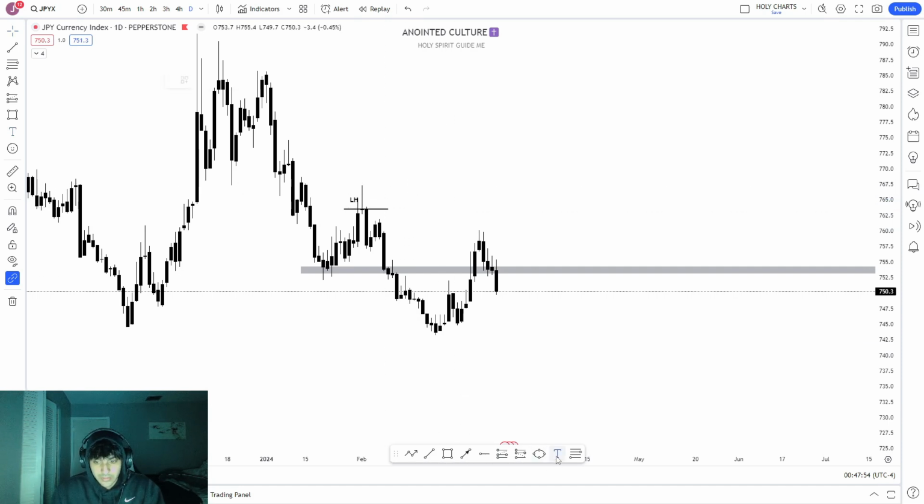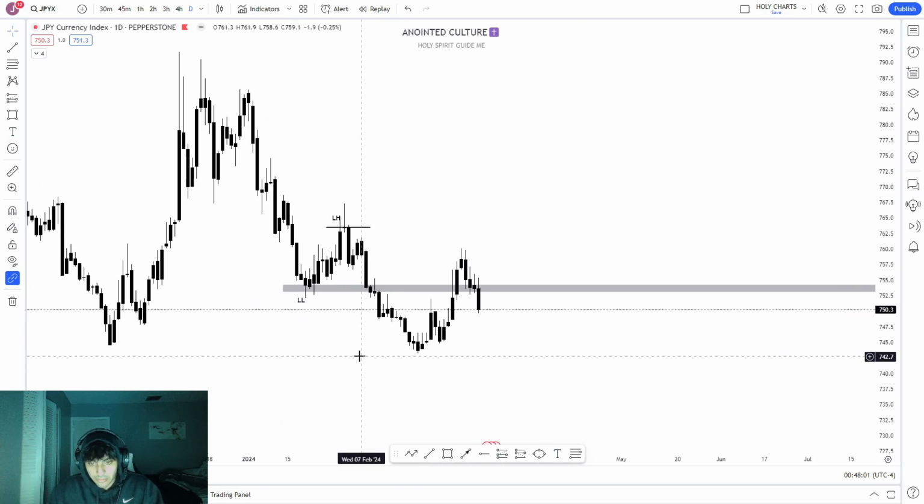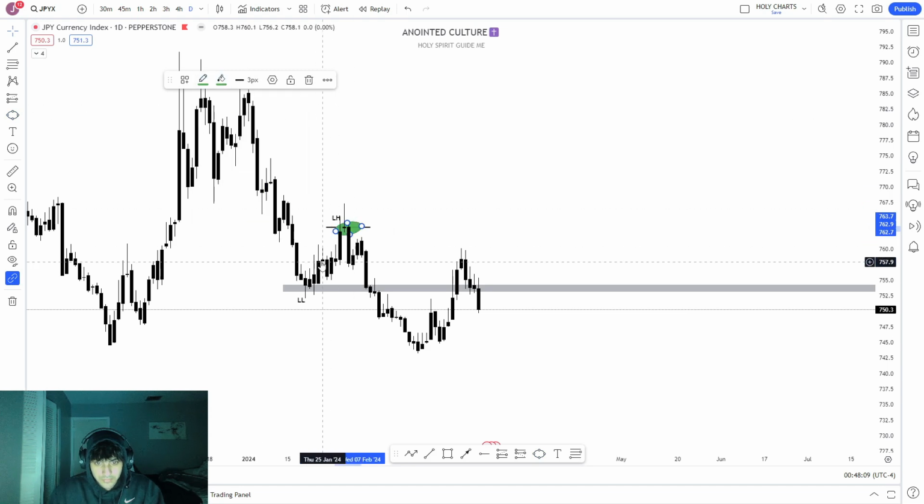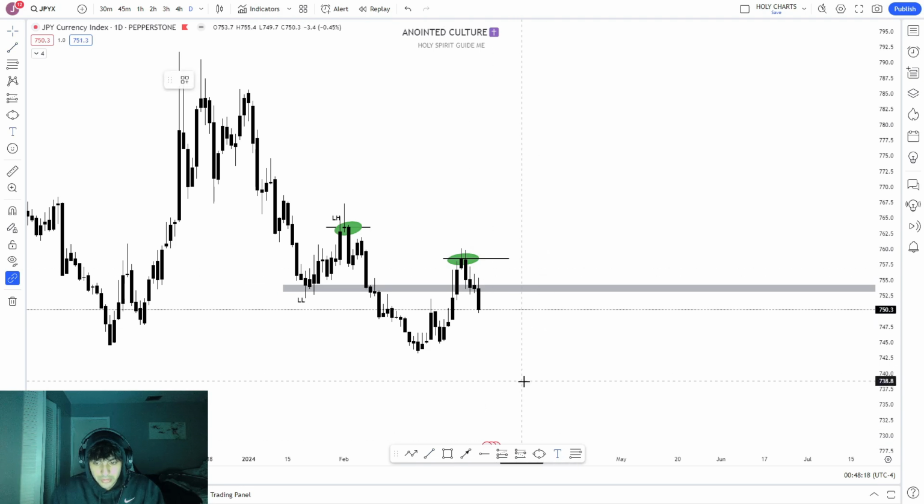Lower high, and this is the lower low. So price respects this lower high right here. It respects it. All price does is make a new low, right? And then makes another lower high. So all price was doing was balancing itself out.